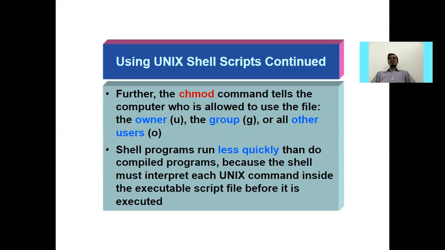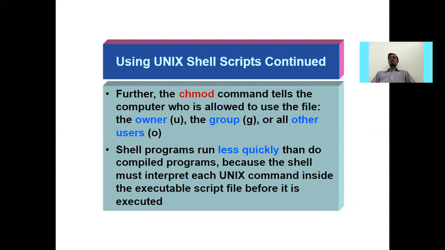The chmod command tells the computer who is allowed to use the file: the owner of the file, the group of the file, and the other users of the file. The Unix chmod command specifies what the owner, the group, and the other users are allowed to do with this file.